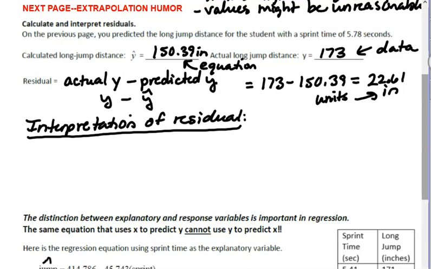So the interpretation of the residual here is that the person jumped farther than predicted, right?